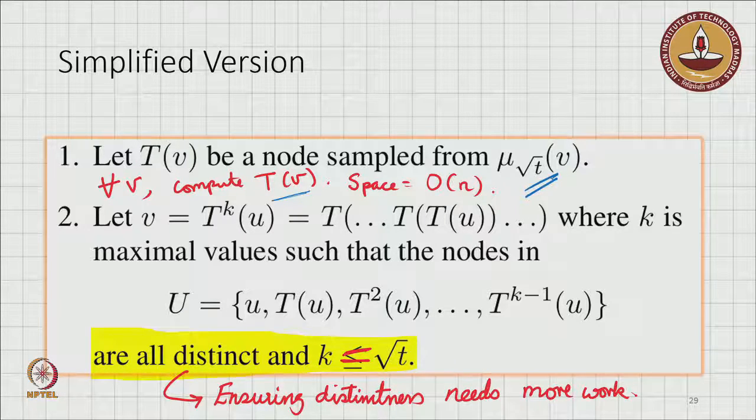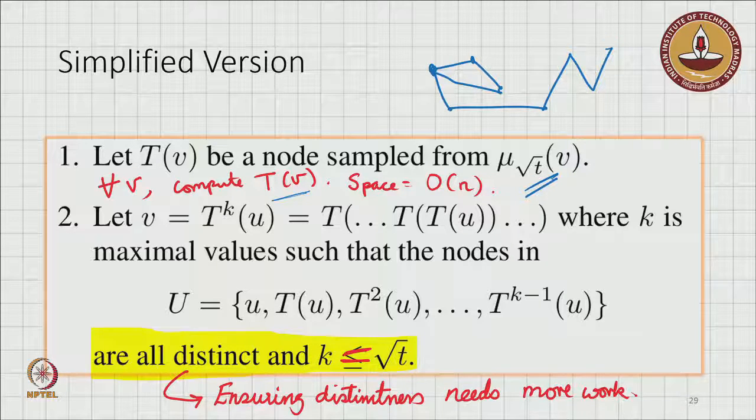So if you start at v and run the random walk for square root of t steps, you will sample something from mu square root of t of v.